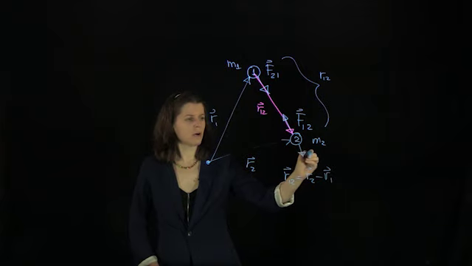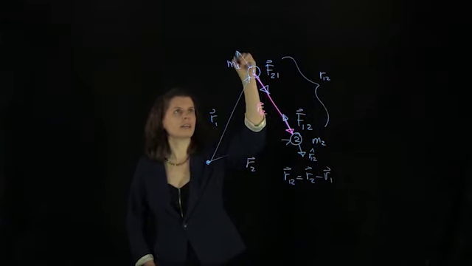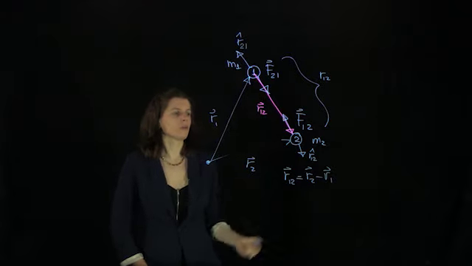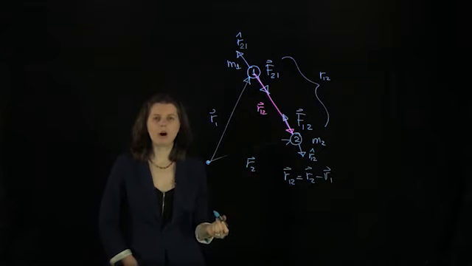So this is going to be our r-hat direction on object 2. And here we have an r-hat direction 2, 1. We're going to come back to the r-hat unit vectors later.